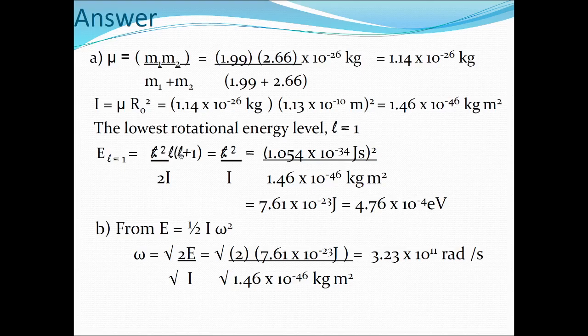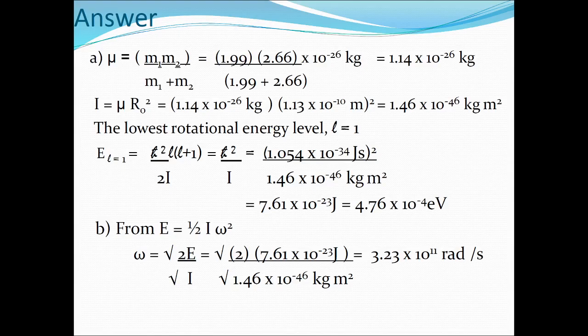You simplify and you get h bar squared over I. You just substitute, using your calculator, h bar is equal to 1.054 times 10 power of negative 34 joule second, divided by 1.46 times 10 power of negative 46 kilogram meter squared. So you get your energy in joule. The value here is 7.61 times 10 power of negative 23 joule.